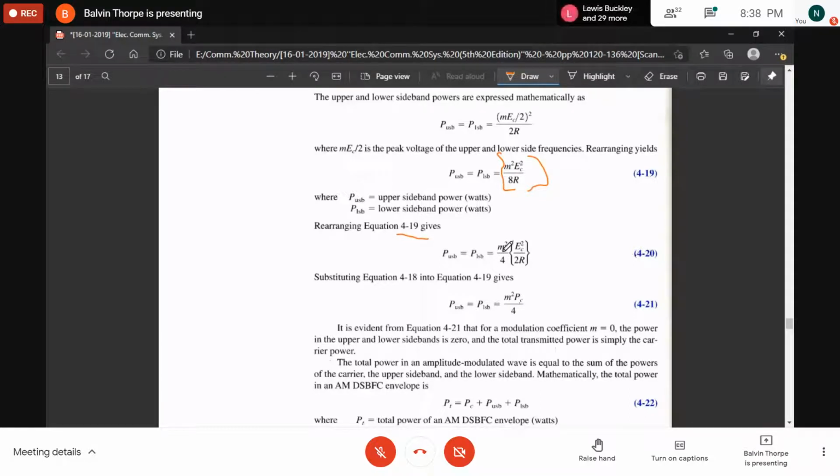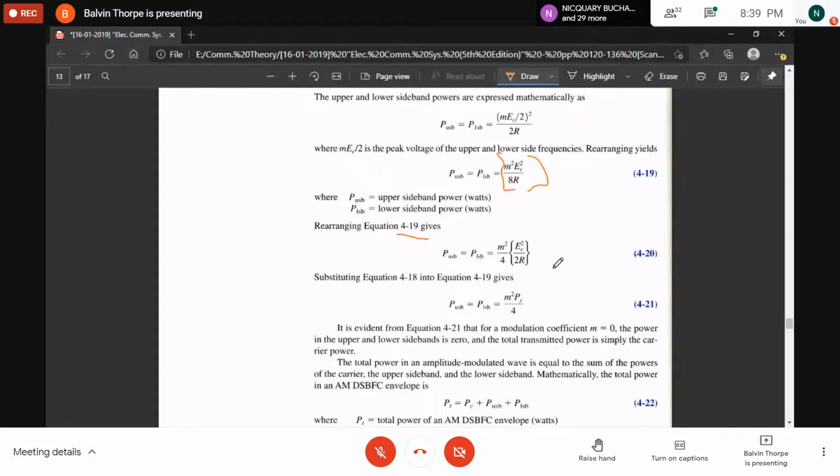Just rearranging, just for cosmetics, everything on top is the same, M squared, EC squared. But here, what I did is to rearrange this as 4 times 2R. But you see that? It's the same thing. This and this equation is the same.